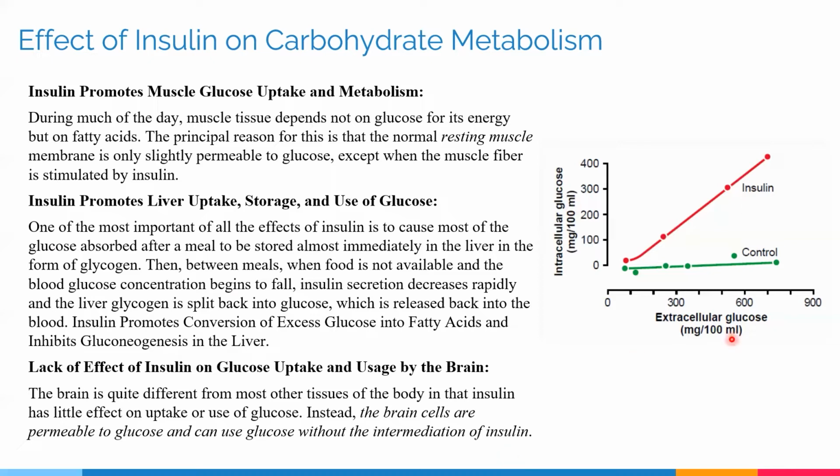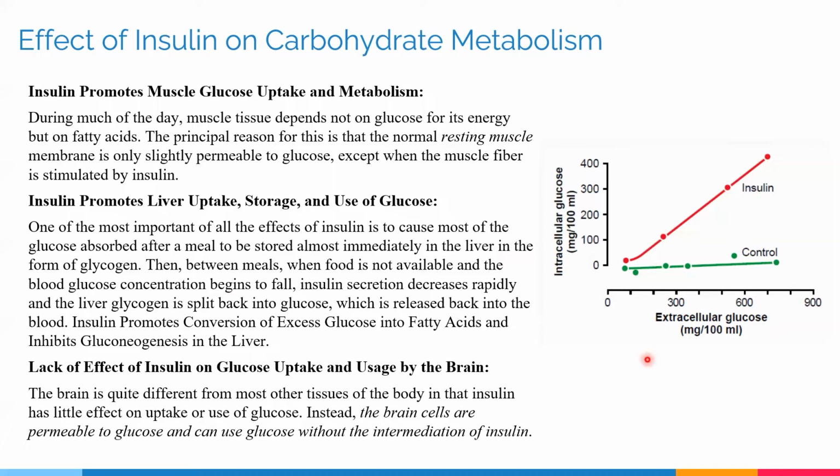Here in this diagram, we can see intracellular glucose plotted against extracellular glucose when we have given insulin and against a control group. That is the amount of glucose present in the extracellular fluid versus intracellular fluid when insulin is present and when it is not.